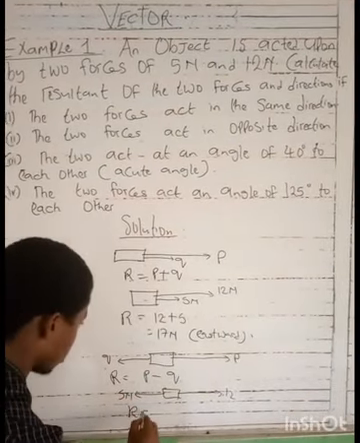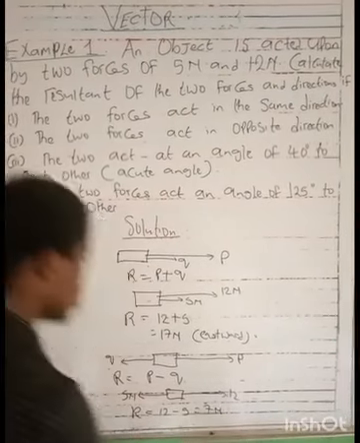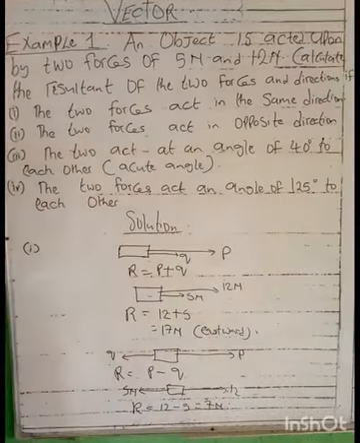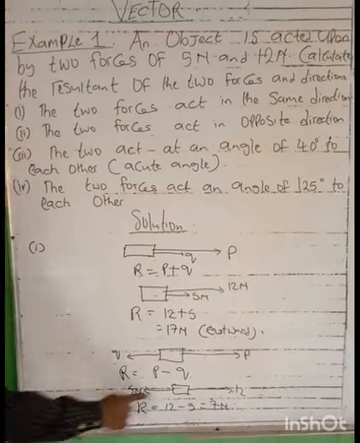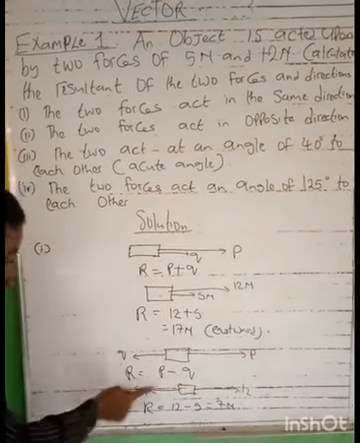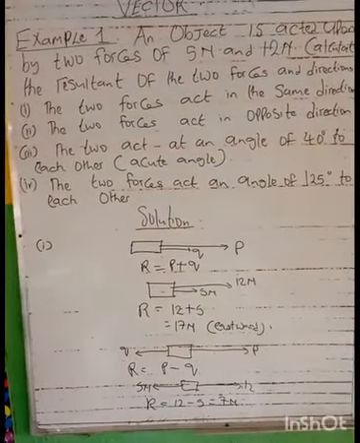So my resultant is equal to 12 minus 5, which is 7 Newton. In what direction? They are moving toward the east, because the magnitude of the force here is 12 Newton, while this one is 5 Newton. Definitely the person pulling with 12 Newton is going to drag this object and the 5 Newton towards the same direction, which is the eastward direction.